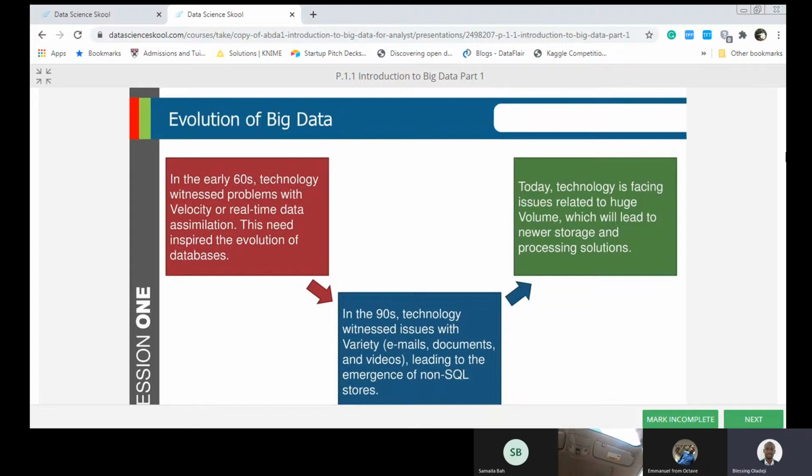Or a document, like your CV or certificate that you uploaded on your email 10 or 15 years ago, and you just want to bring it out to print it. You go online, search, and it pops up. How is it stored that it's able to come out? The kind of platform they use to store that data is called NoSQL. It's called a NoSQL store. That's another kind of invention that came about in the 90s.